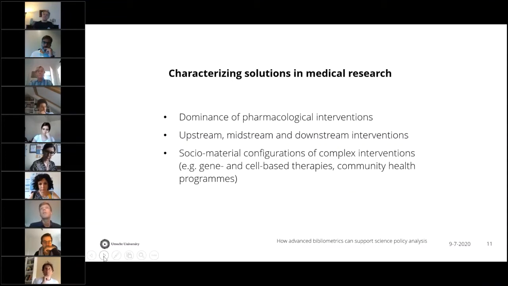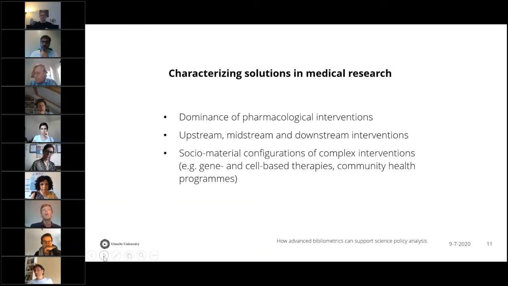In that respect, I also really support the work of Michael Hopkins, who looks into this in the context of diagnostic tests, which is a particular type of solution. And I think it's very important to understand whether we can use bibliometrics to get an insight into what the relative importance is of different types of solutions within missions.